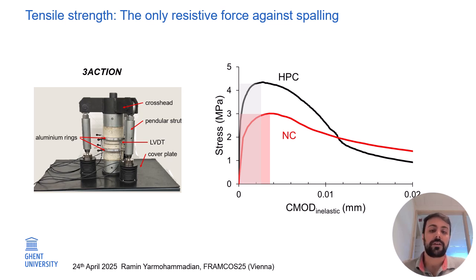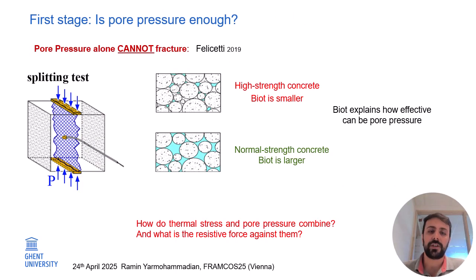As you see here, the difference between normal concrete and high performance concrete is not just the strength, not just the increasing branch, but also the decreasing, or falling, branch after the peak. So in the first stage of spalling, we need to reach the strength, or the peak, of the material itself, which is different in normal concrete and high performance concrete. The question is, how do we reach there?